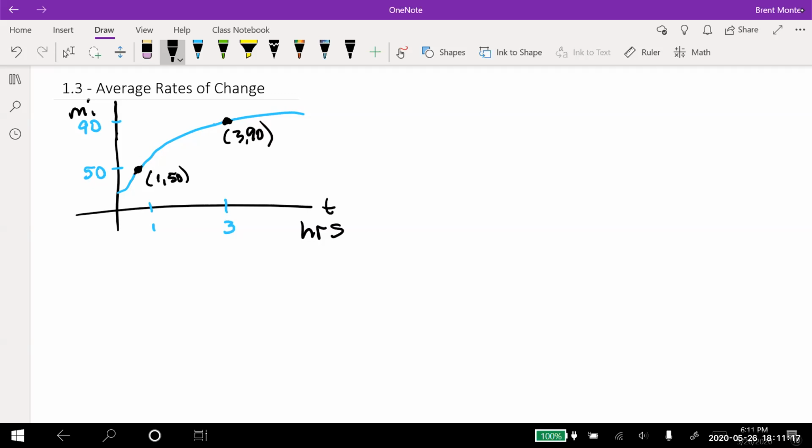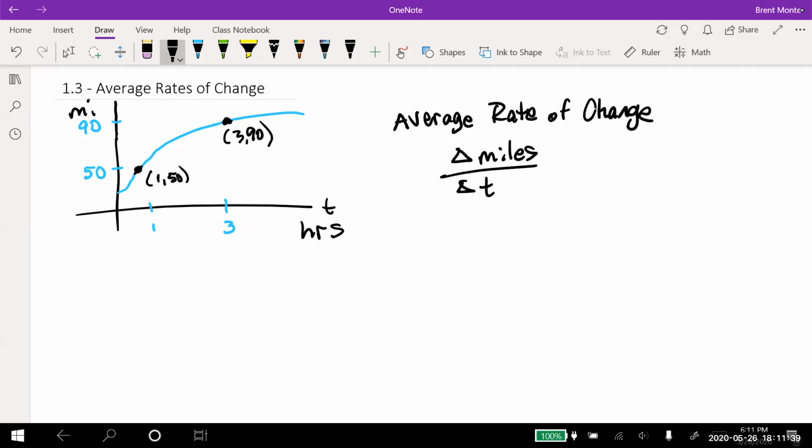If I want to find my average rate of change, let's think about how we would do that. My average rate of change is going to be, now I'm going to use the triangle for change. I stole that from physics. It's going to be the change in my miles over the change in my time.